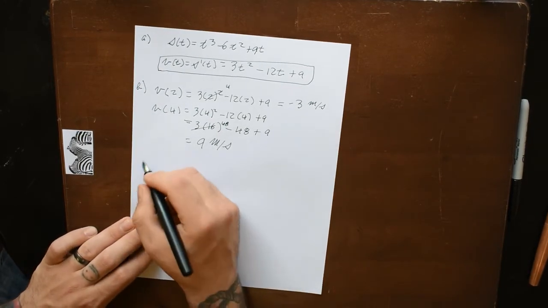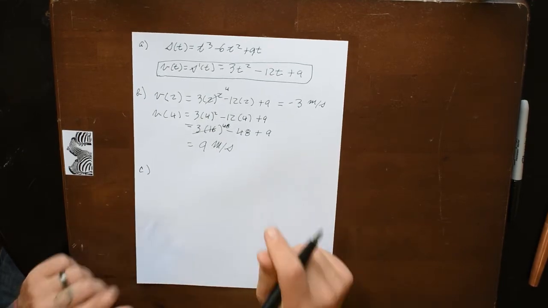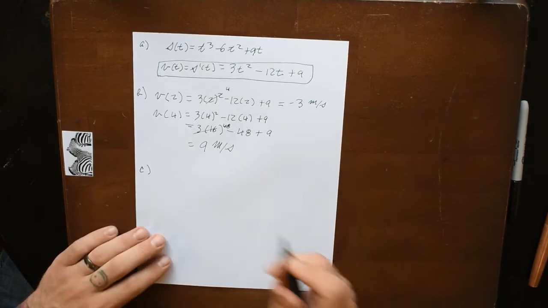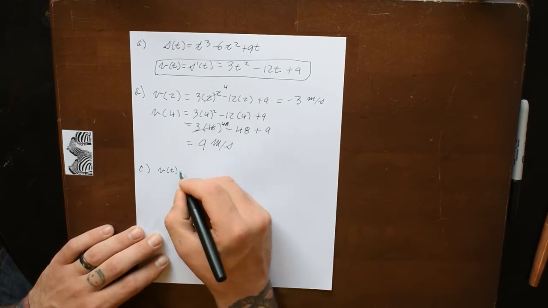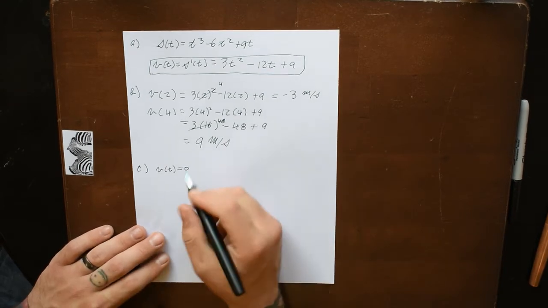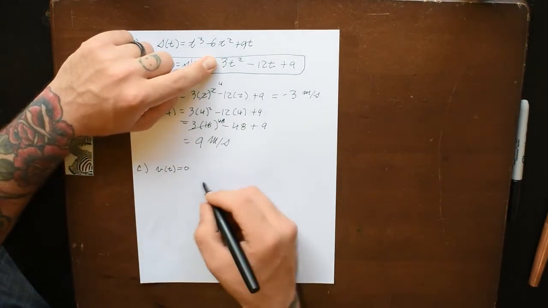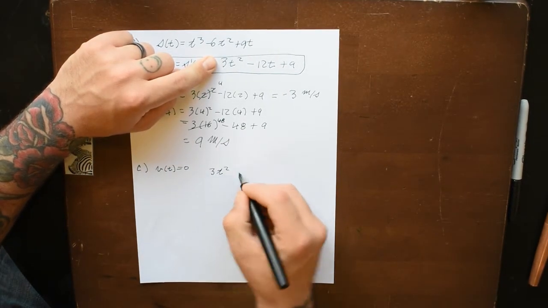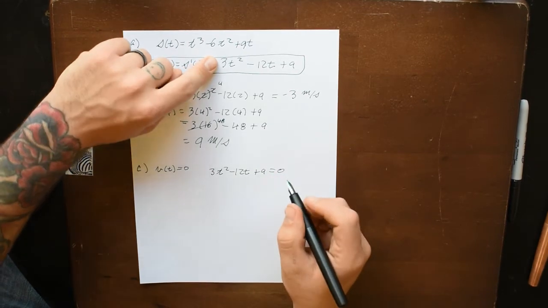So, we'll do C as well. C was, when was the particle at rest? Well, our particle is at rest when its velocity is equal to 0. That means we want to know when our velocity, 3t squared minus 12t plus 9, is equal to 0.